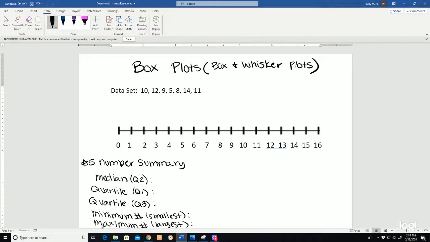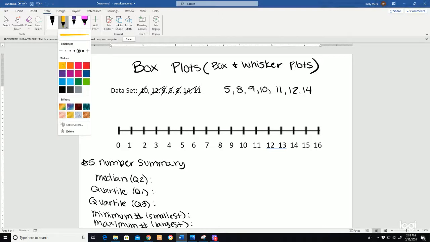The first step to finding the median, remember, is to put your numbers in order from least to greatest. So that's going to be 5, 8, 9, 10, 11, 12, and then 14. I'm crossing my numbers off just to make sure that I got all of them in my list. To find the median, one at a time, I start crossing off the smallest number and the largest number at the same time.